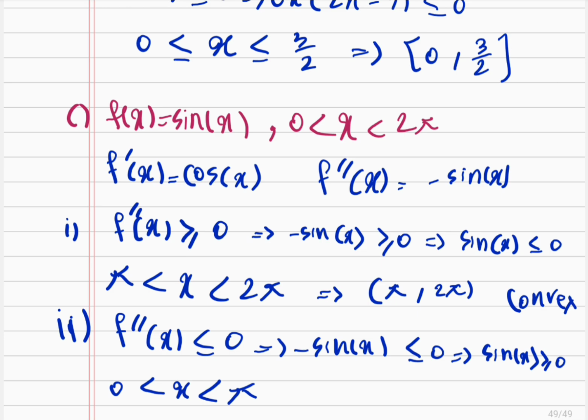So the sine of values in this interval is always between 0 and 1, which means it's greater than or equal to 0. And that's basically the values that give us the concave function. So it can be written in this form as well: we have a concave function for these values.